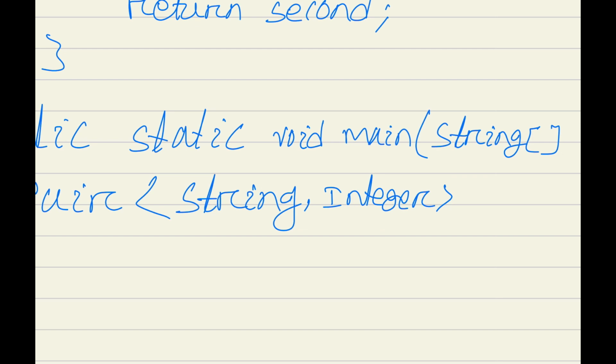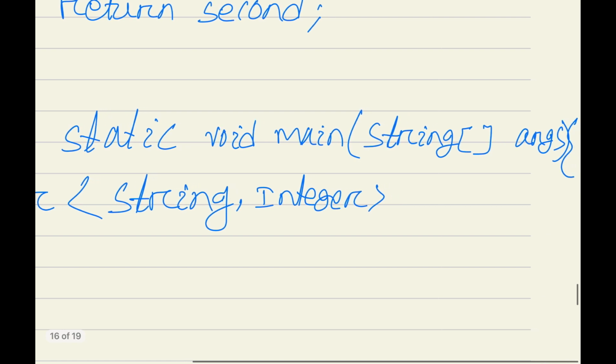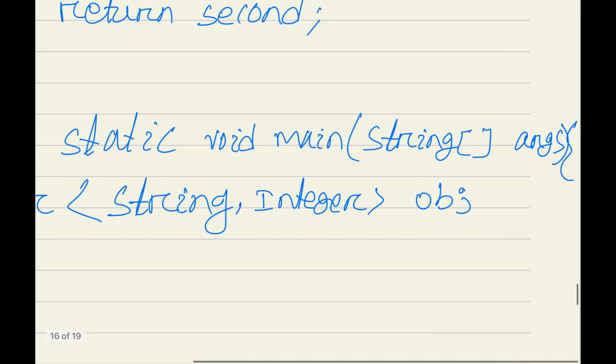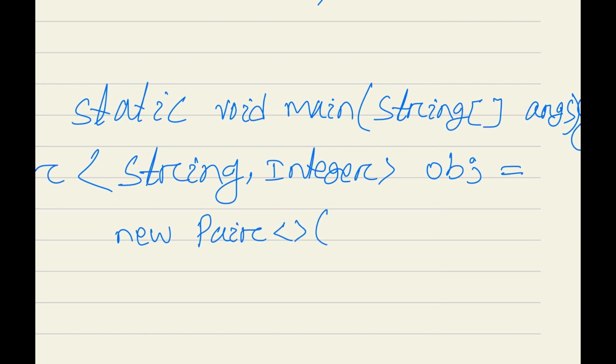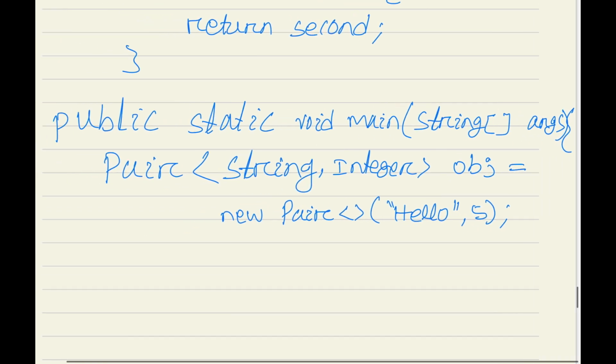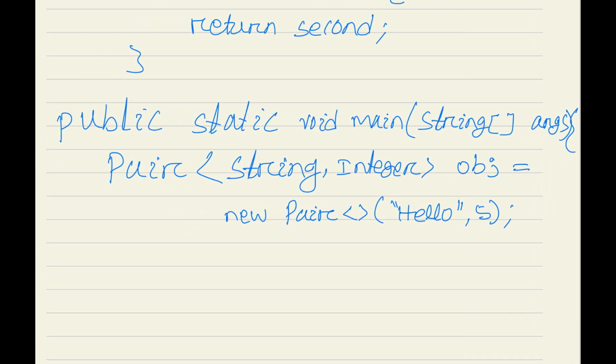That means String is for first and Integer is for second, and assume the object name is obj. So it is equal to new Pair, and here we are going to pass one string argument and another one is integer argument, suppose "hello" and 5. So hello is for string and 5 is for integer.